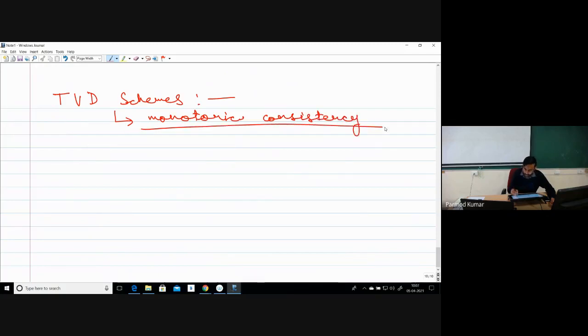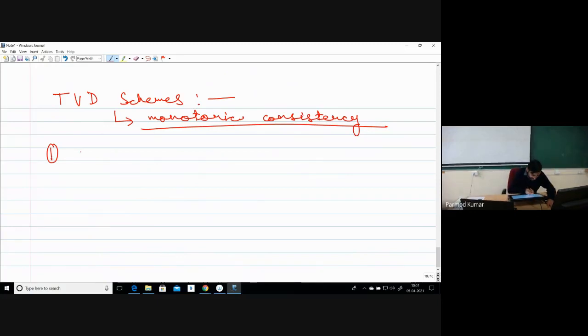Okay, so monotonic consistency is some basic mathematical nature which we will try to preserve over here. Once this monotonic consistency is actually preserved, our scheme will actually become stable. Okay, so what are the two basic fundamental conditions to maintain this monotonic preservance? That let us try to see.